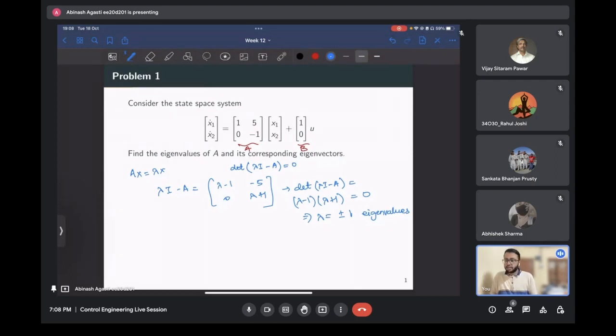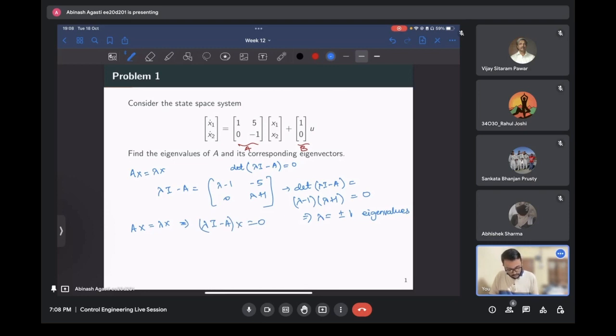Now how do we find out the eigenvectors? Right, so let's take first lambda equal to plus 1. Basically we want to find out the null space of lambda I minus A, right?